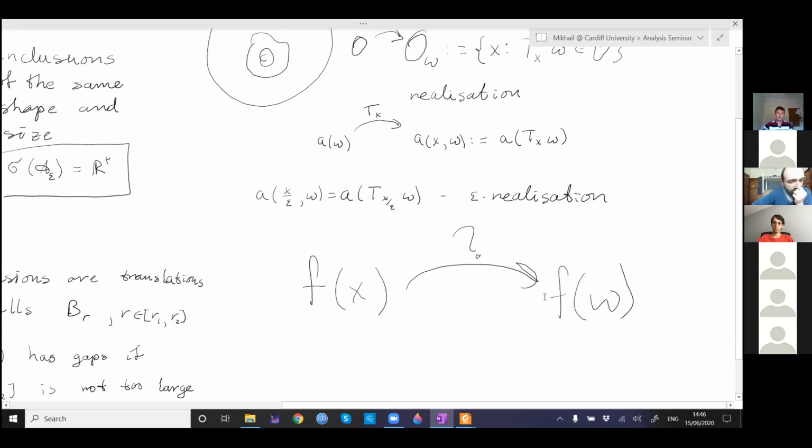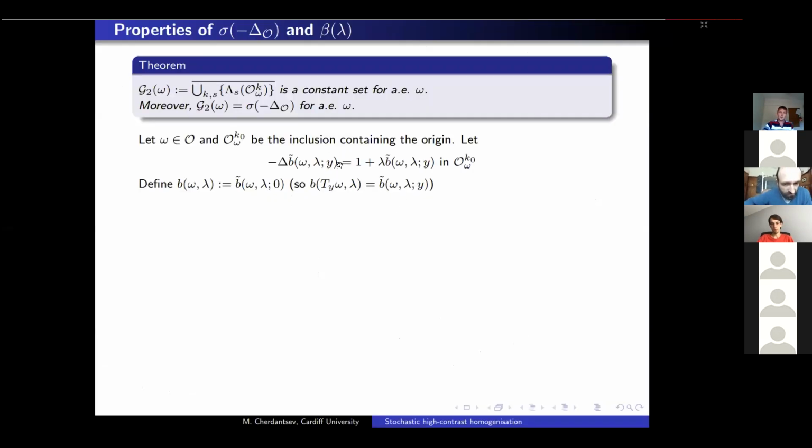In general this is not possible. You need not just one function, you want a family of functions that depend on omega, exactly f of T_x omega. This is called a stationary family, or stationary ensemble, of functions f. In general it's a difficult question. You can do this here because these functions b tilde solve exactly the same problem as b solves on the probability space. So they are counterparts of each other.